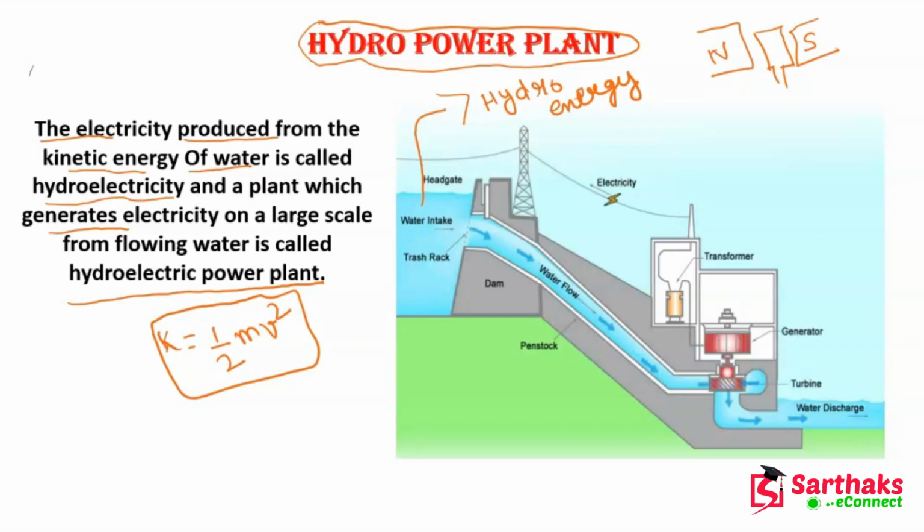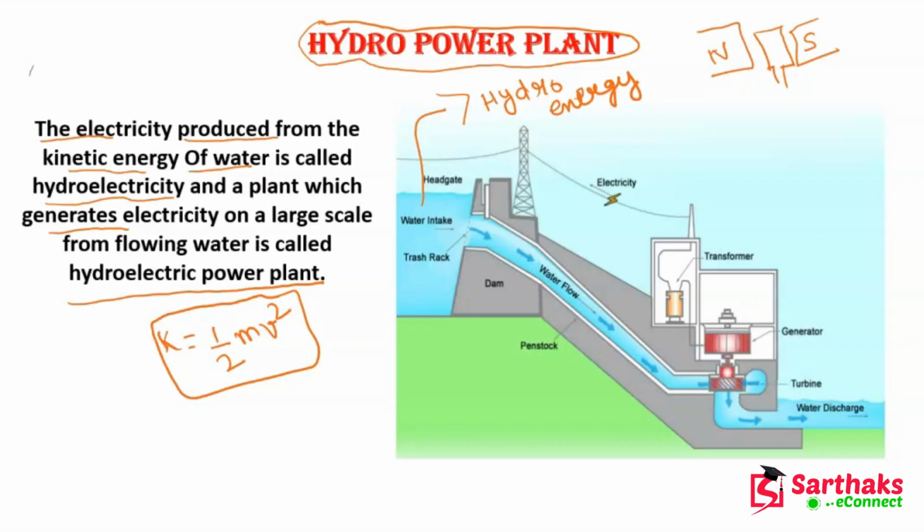So when this water comes down with some velocity, it has kinetic energy. When this water reaches here, its speed is so high because the earth is pulling the water downward, applying its gravity on it. So under gravity it comes down very fast and its speed continuously increases.